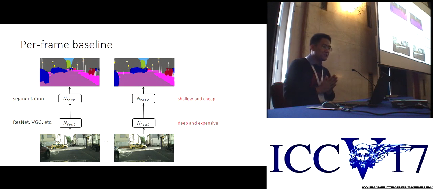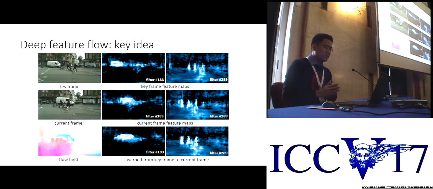And as we discussed before, a natural extension from image recognition to video is to apply the image recognition network on each frame. It is computationally expensive, as the deep and expensive feature extraction network is applied on every frame. It takes the majority of the computational overhead for video recognition. The features in deep convolutional layers encode the semantic concepts and correspond to spatial locations in the image.